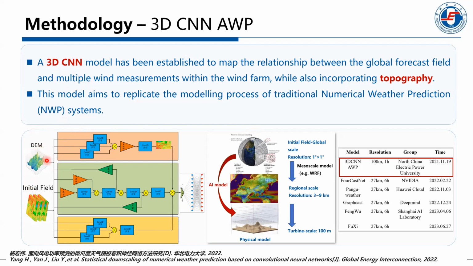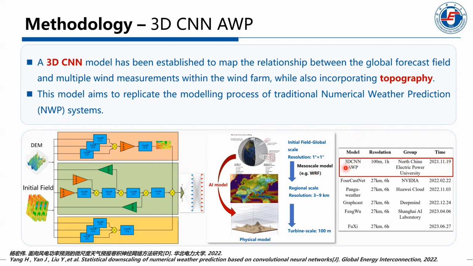Using the 3D CNN model and also considering the topography information, we tested in Inner Mongolia province, and I will show you the details about these 10 wind farms, a very large area, and the test results here.